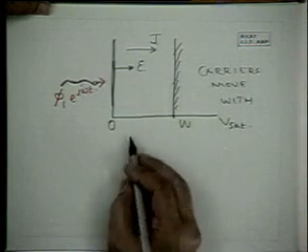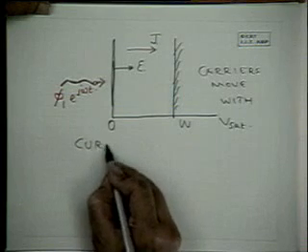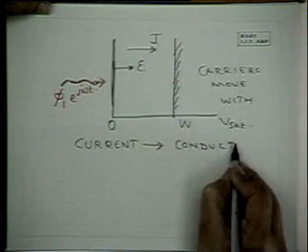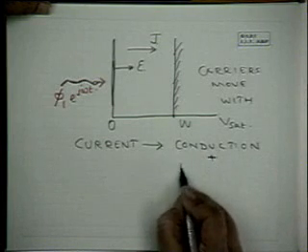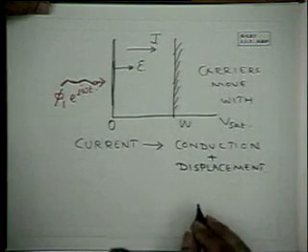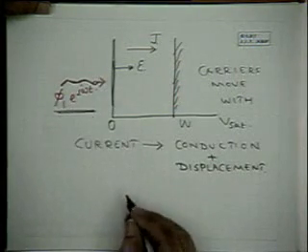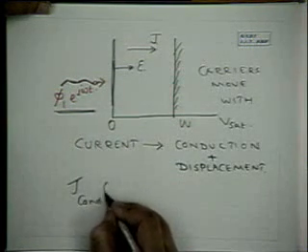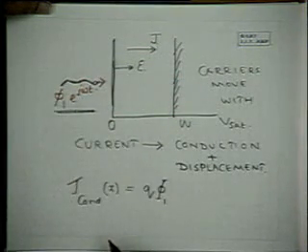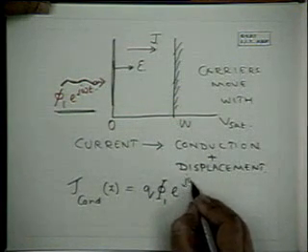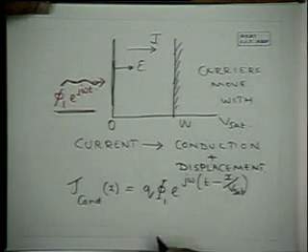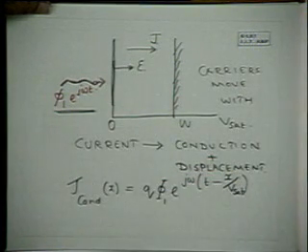Again, we have two components of current: one is the conduction current due to the carriers, plus there is a displacement current. We have seen that if that is the photon flux, then the conduction component of current is equal to Q phi 1, the AC component of flux, e to the power j omega t minus X by Vsat, where Vsat is the saturation velocity of carriers.